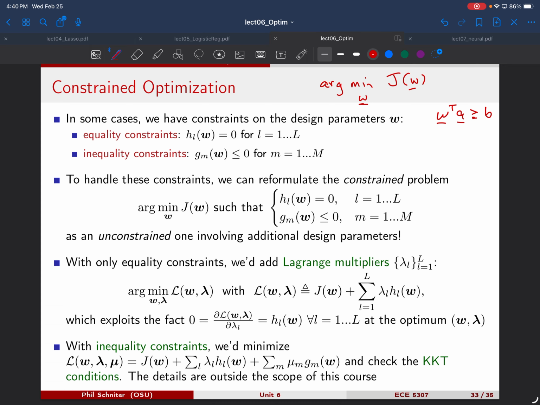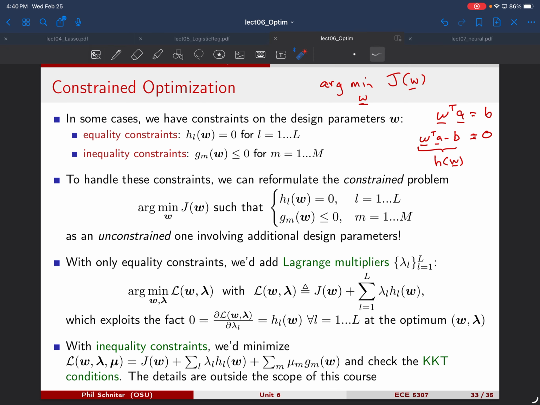In that case, you can always rewrite the linear constraint, let's say by making this an equality, by moving the b to the other side and equating with 0. And then we can think of this as some function h of w. So this would be an example of a linear equality constraint.